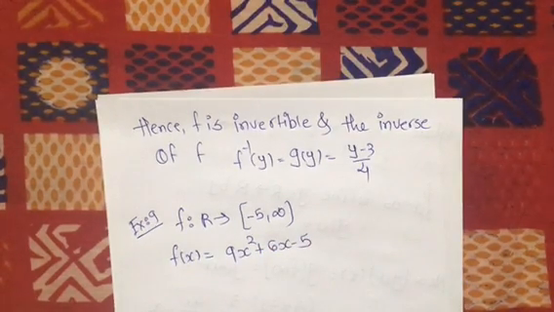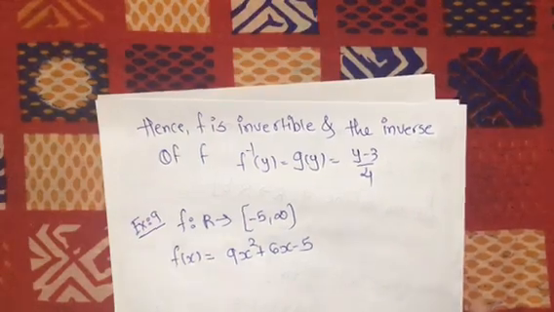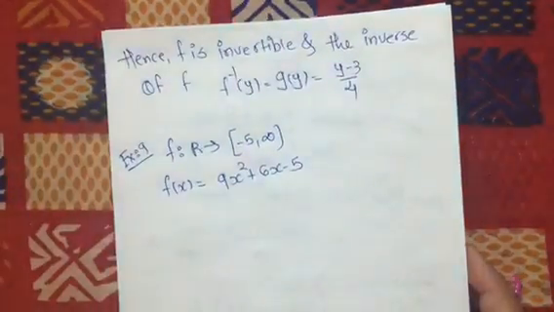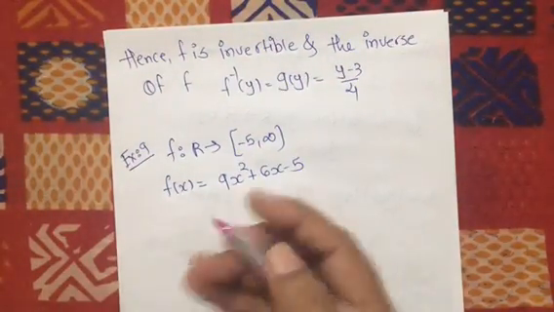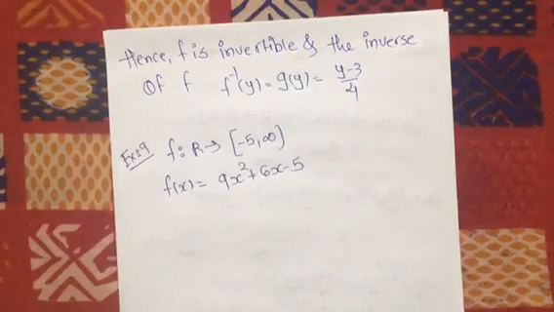Then show that f is invertible with f inverse of y equal to (under root of y plus 6 minus 1) divided by 3. Okay, so first of all let's start. It is given by 9x square plus 6x minus 5.